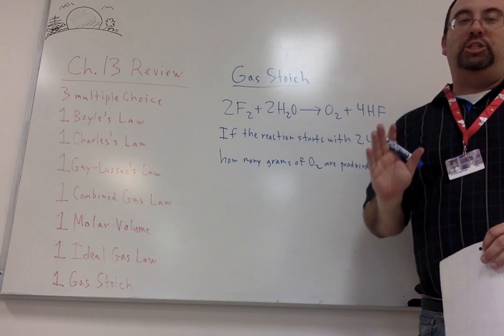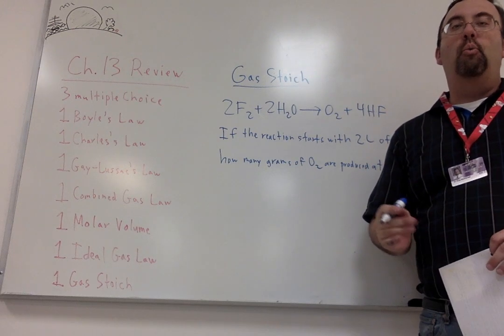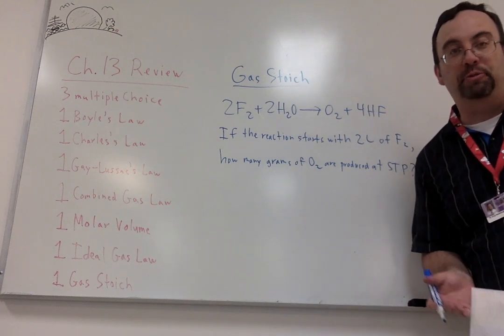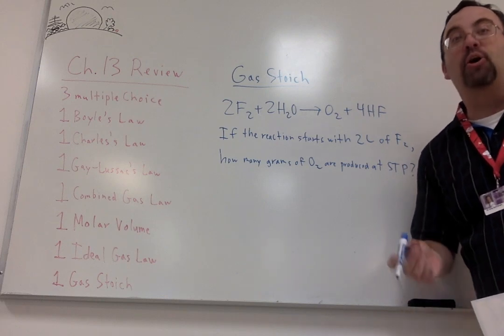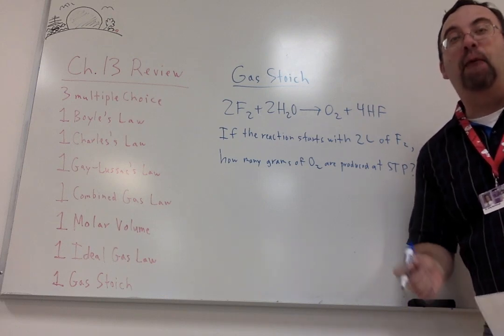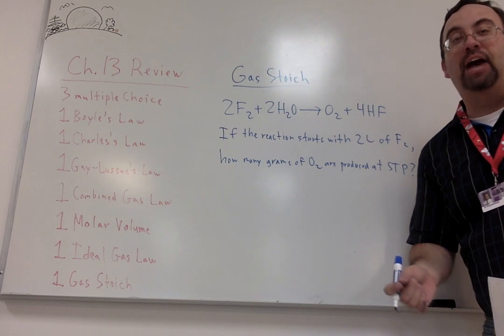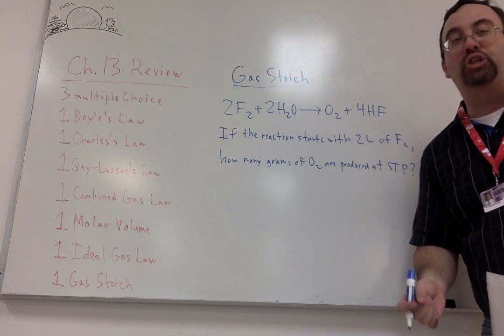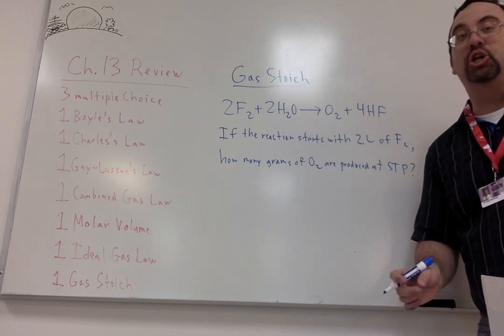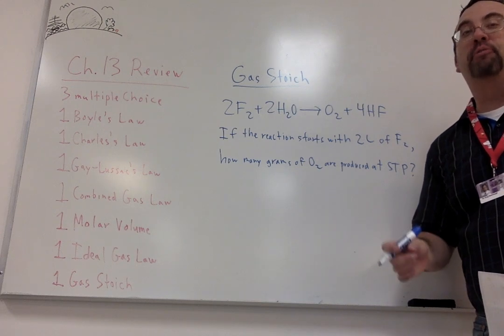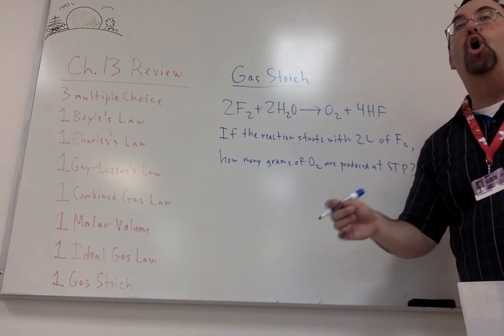All right, as soon as I say STP, what should hopefully pop into your head? You should think about molar volume. And again, a mole of any gas under STP is going to be 22.4 liters. And so we can use that to convert from volume to moles.